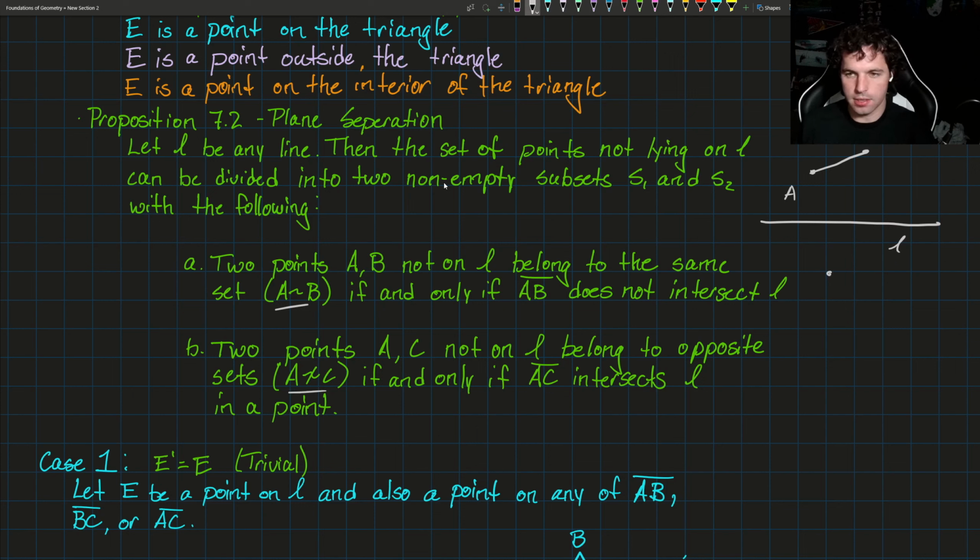Right, so we're going to put C on the opposite side of L. These 2 things are on the opposite side if and only if AC intersects L in 1 point. Okay, so we're going to be using that a little bit, especially in case 2 and 3.